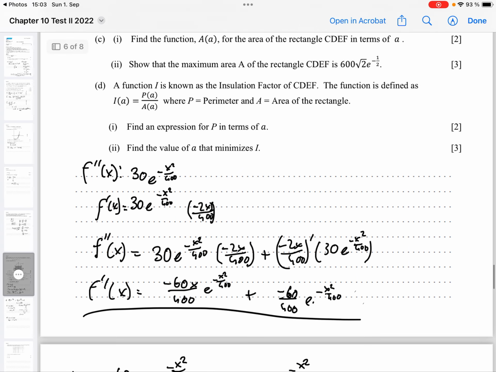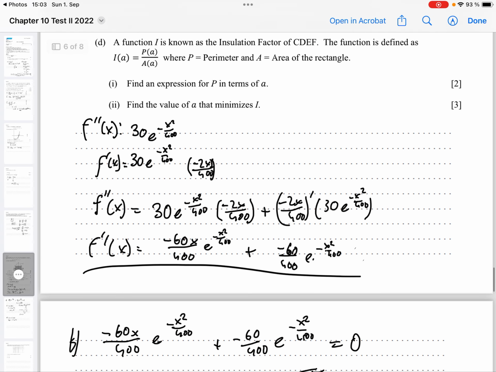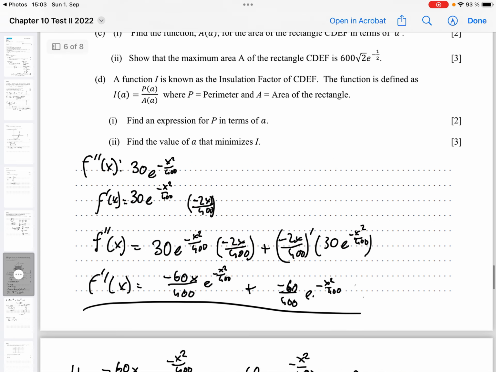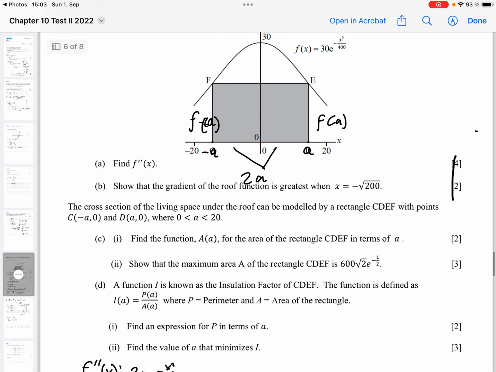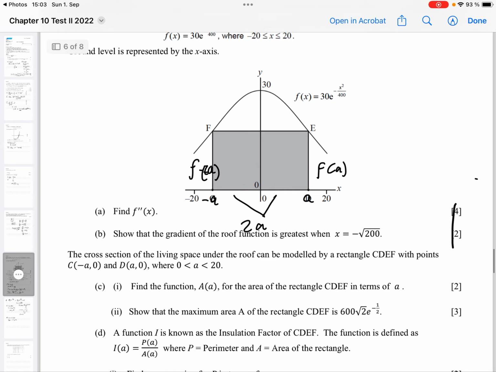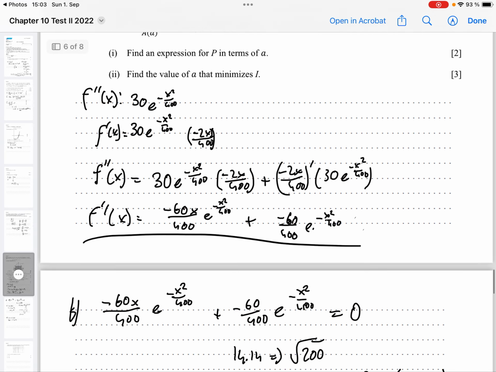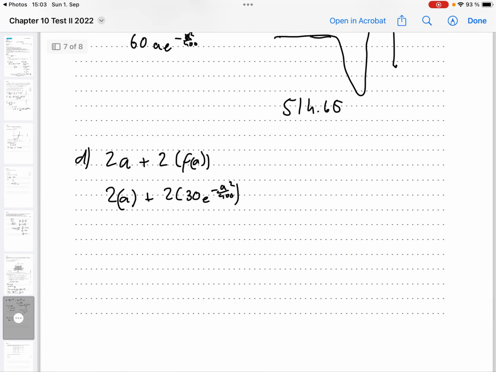And part D2 says find the value of a that minimizes I. For this, we simply graph this function onto the calculator again. So all we must do here is graph P of A divided by A of A. Graphing P of A will give us 2x plus 2 times 30e to the negative x squared over 400.